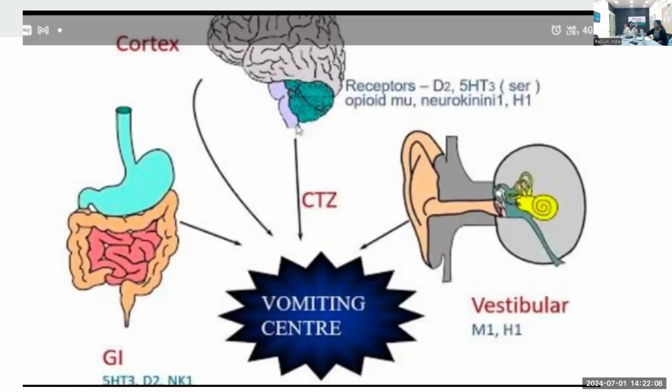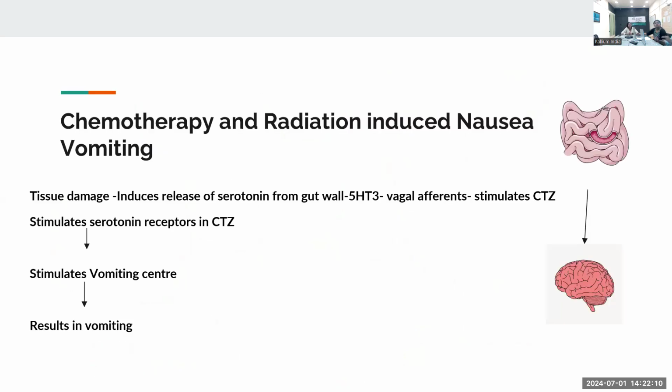Next slide. So, what happens in the GI system? What happens when a patient takes chemo or radiation? The patient will get tissue damage when you take chemo or radiation. It goes to the gut, it goes to the gastric mucosa. There will be tissue damage. From the enterochromaffin cells, serotonin will be released.